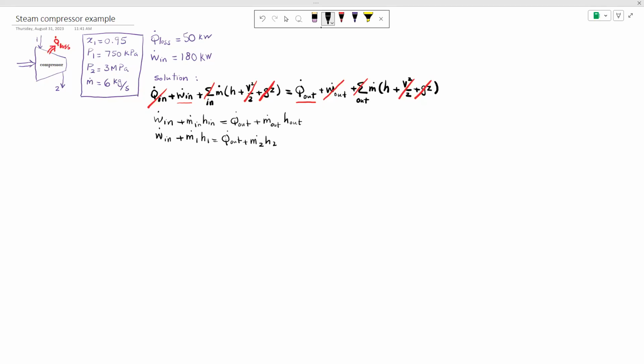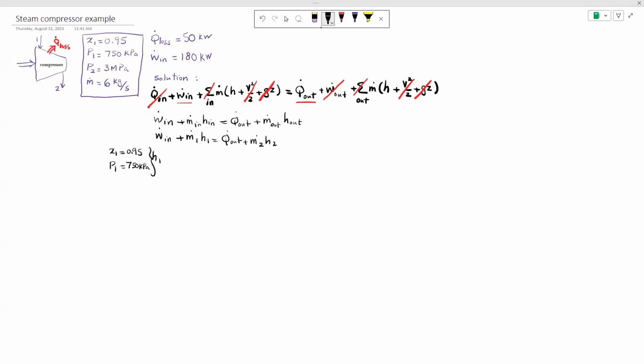We know that W dot in is given. Here we need to determine H1. So let's review the information that we have for H1. We have X1, which is the quality of the steam, as 95%, and P1 as 750 kilopascal.